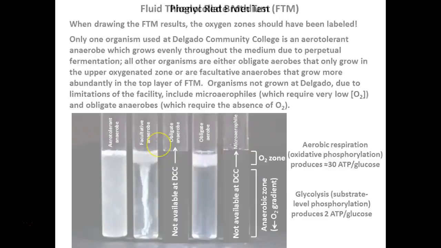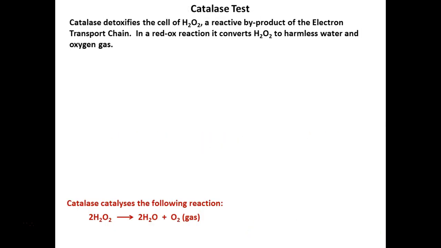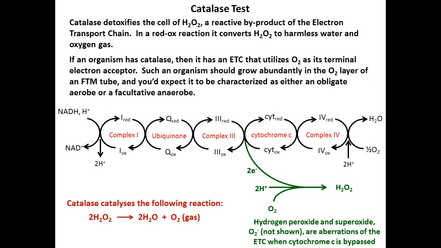Right? Because when we look at catalase, who has it and why? And I'm going to jump ahead. It detoxifies hydrogen peroxide. Well, where does hydrogen peroxide come from? It comes from having an electron transport chain where electrons are jumping off and jumping onto oxygen and forming hydrogen peroxide.